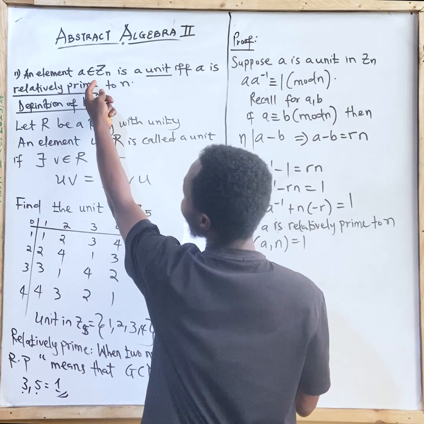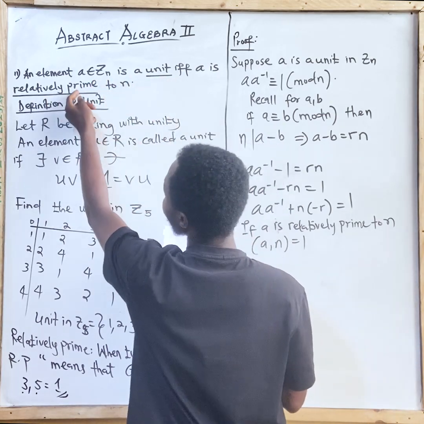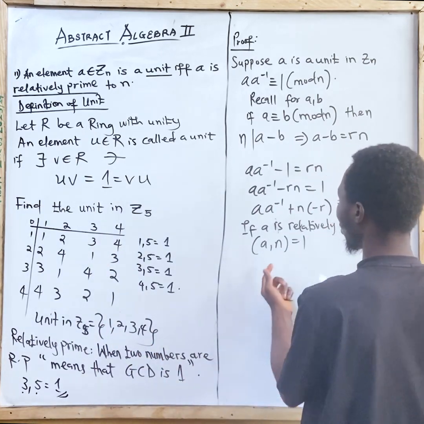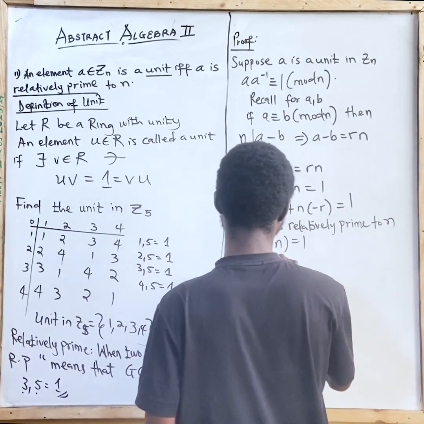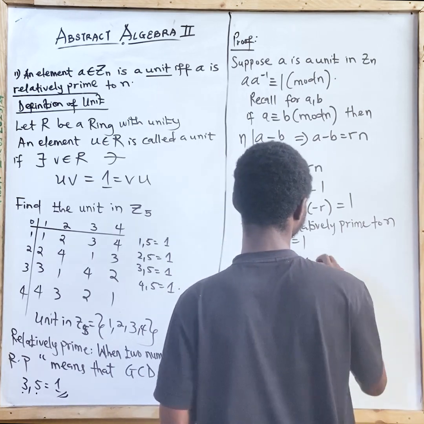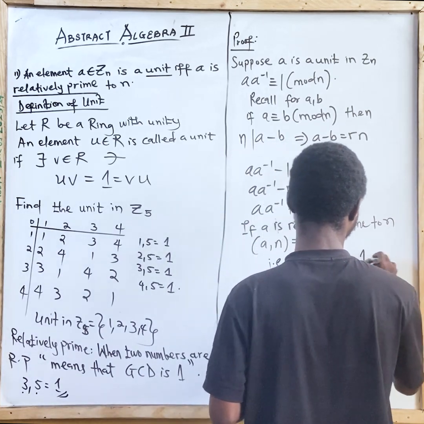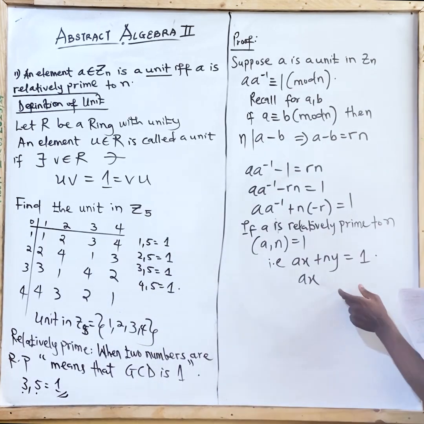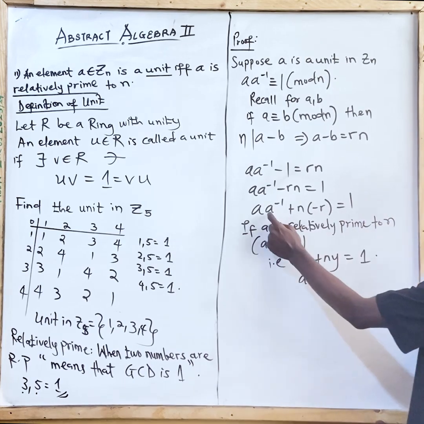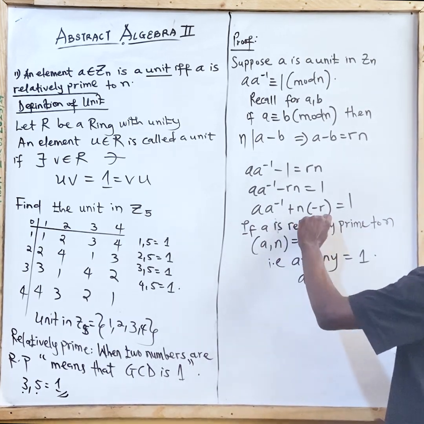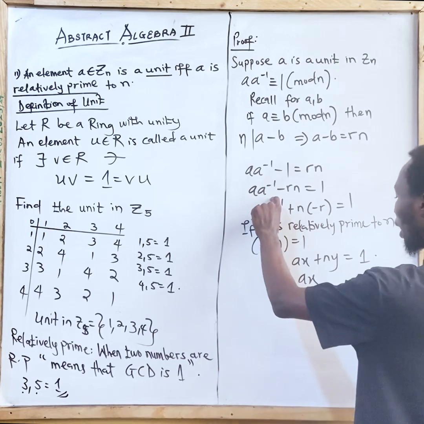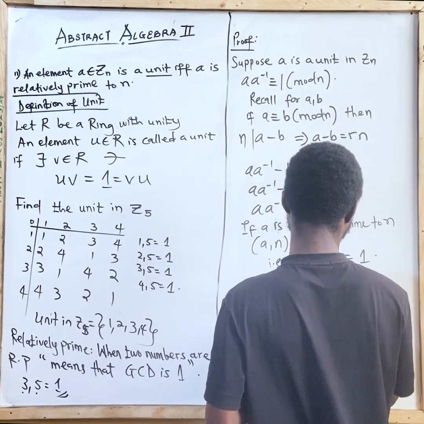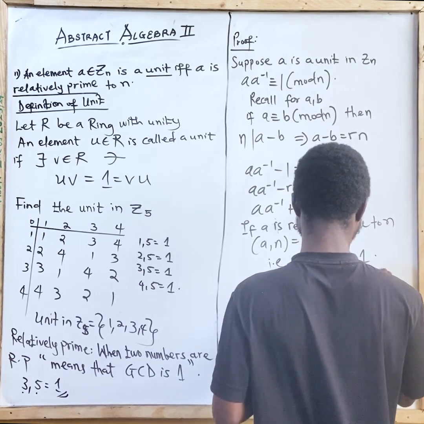So an element A in Zn is a unit if and only if A is relatively prime to N. So if A is relatively prime to N, it means their greatest common divisor is 1. So Ax plus Ny equals 1, and from here, A inverse plus N times minus R equals 1. So I'm choosing here as X, I'm choosing here as Y.